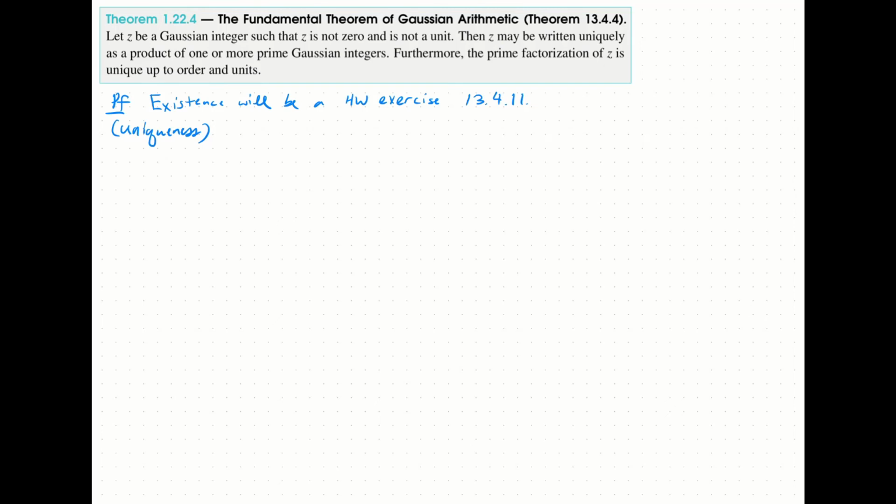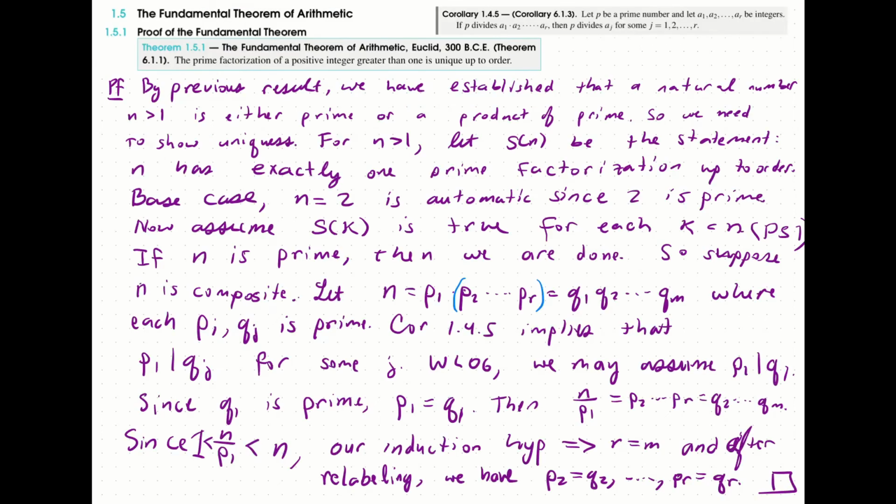So let's go ahead and revisit the old proof. So here's our proof of the fundamental theorem of arithmetic. As a reminder, when we did it at the start of the term, we had already done the existence case, and so you want to revisit the case for existence for the homework. And this proof over here is doing it for uniqueness as well. And so what we are going to do is copy this whole proof and bring it over to the next slide.